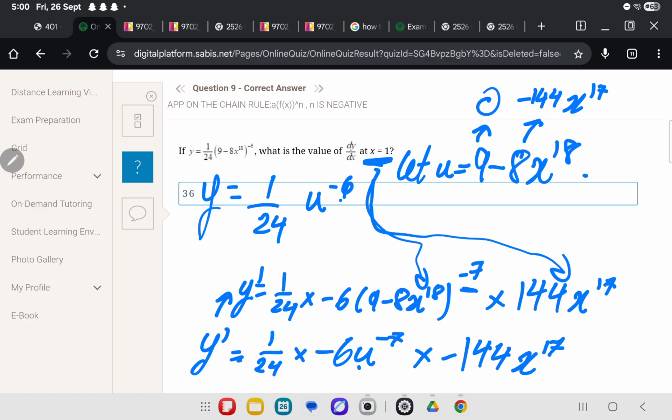So 1 over 24 times negative 6 into 9 minus 8 into 1 to the power of 18, then close the whole bracket to the power of minus 7, times negative 144, 1 to the power of 17. I don't know why I put the minus there. This gives me 36, and that's my final answer.